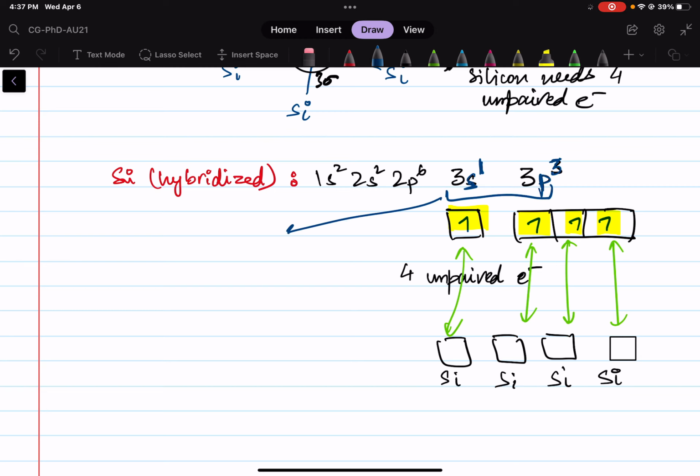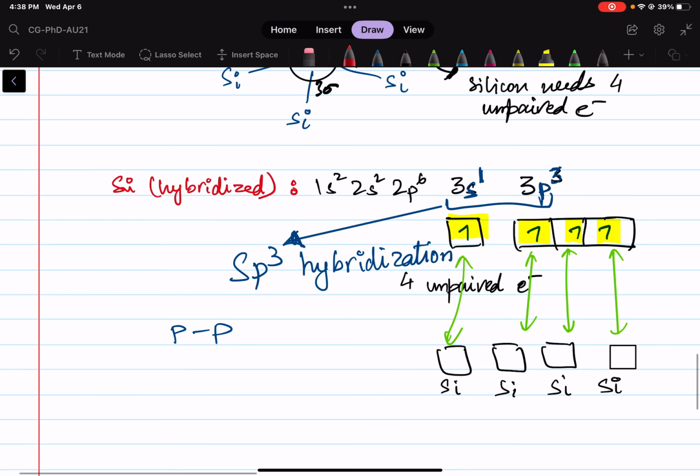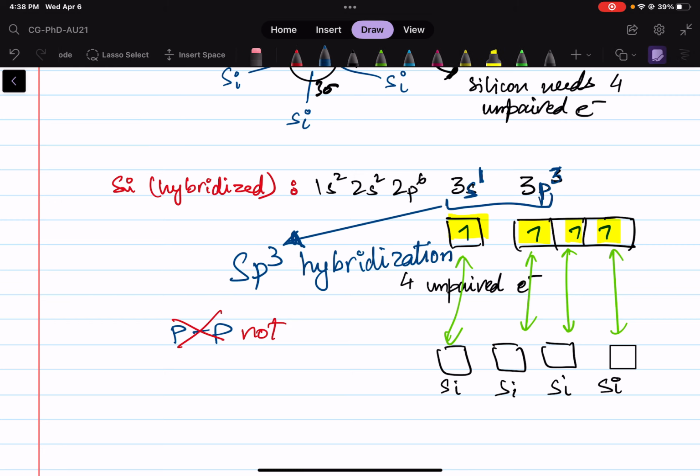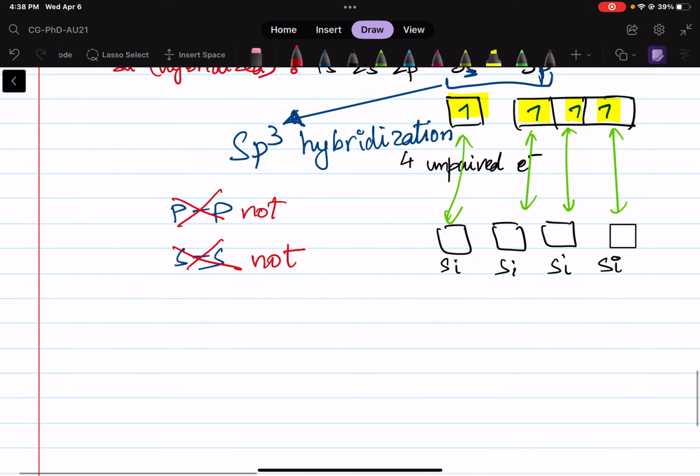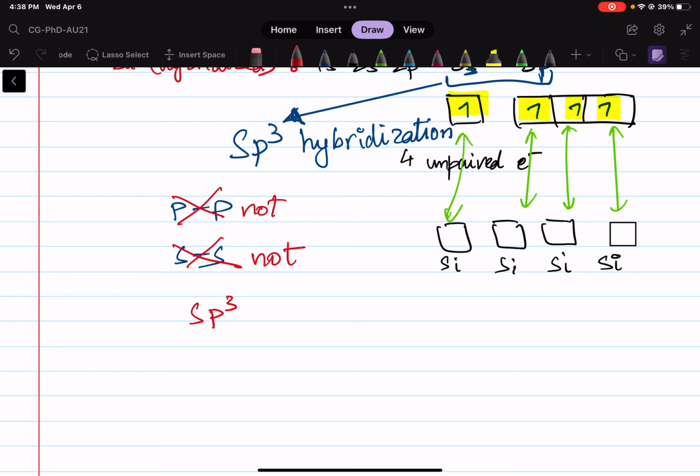So this again can be referred to as sp3 hybridization. It is not pp hybridization, it is not ss hybridization, it is an sp3 hybridization. Why? Because there is 1 s and 3 p orbitals involved.